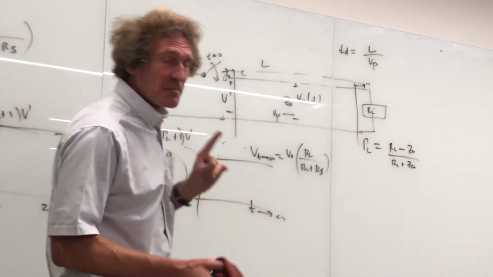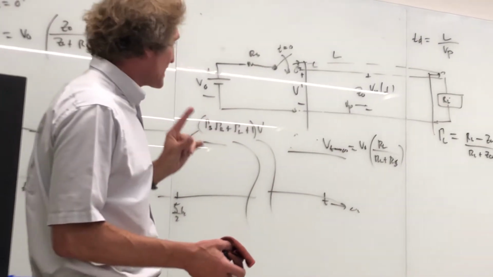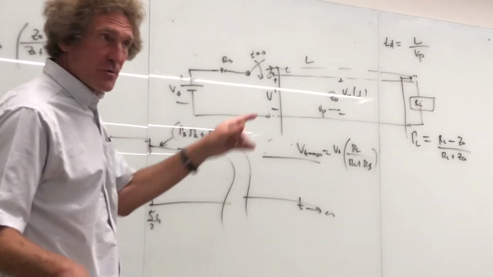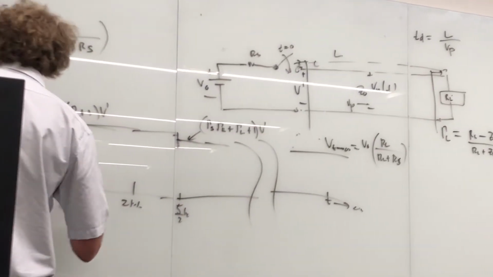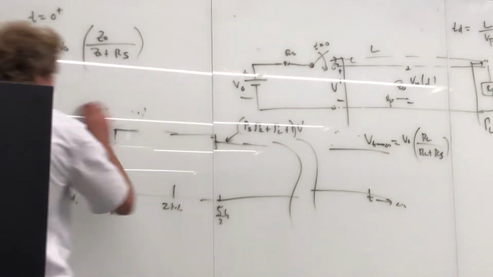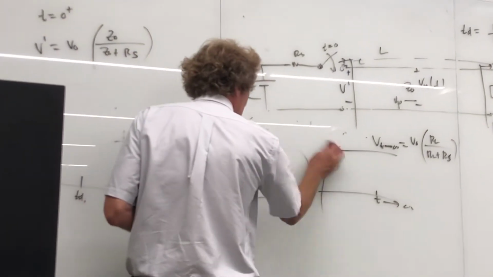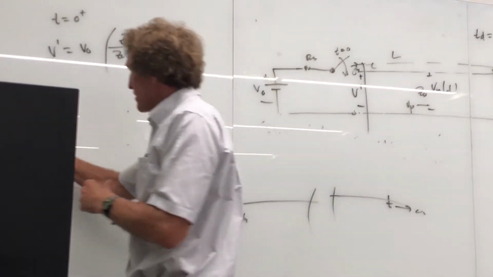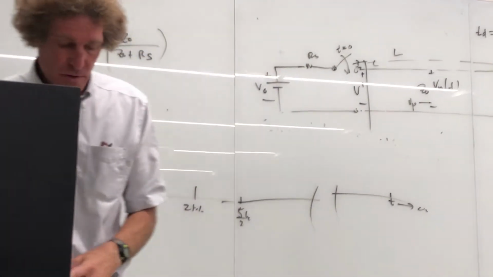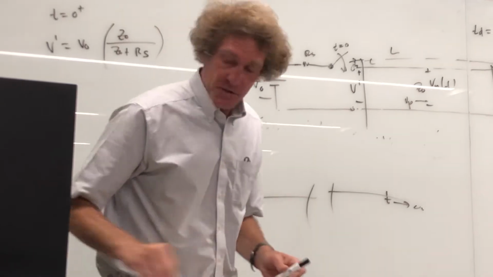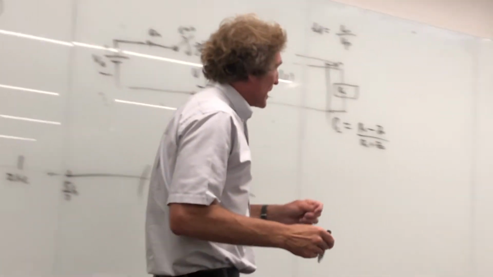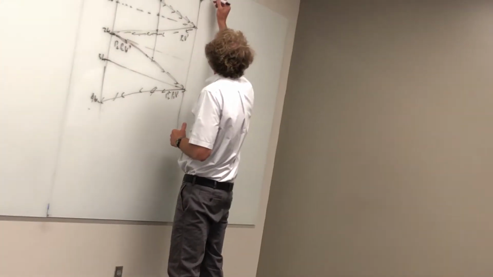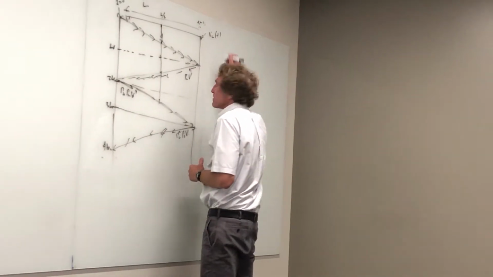Now, there's one thing that people mess up that I'm gonna spend a little time on right now. You all understand this for the middle right here, right? I'm gonna do it at the end of the transmission line. So I erase this. And now, what I'm gonna do is take a look at the voltage at the end of the transmission line right here. This is gonna be at the load as a function of time.